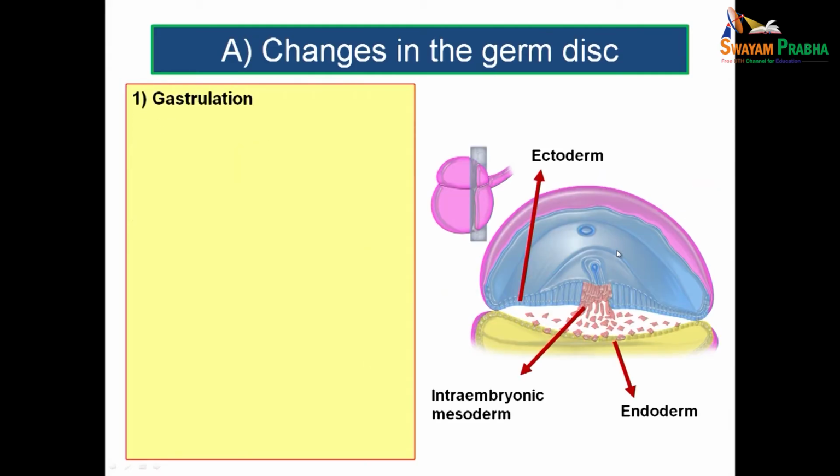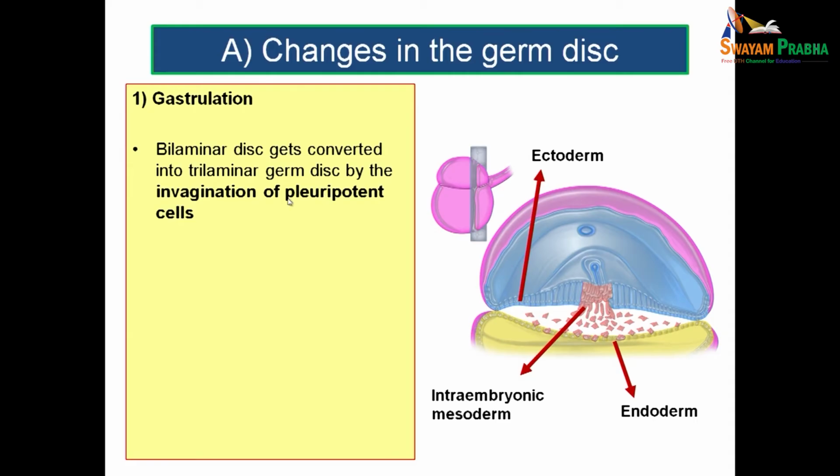The bilaminar germ disc gets converted into the trilaminar germ disc by the invagination of pluripotent cells from the epiblast. Pluripotent cells are the cells which are capable of giving rise to any sort of cells. So, ultimately you get three germ layers.